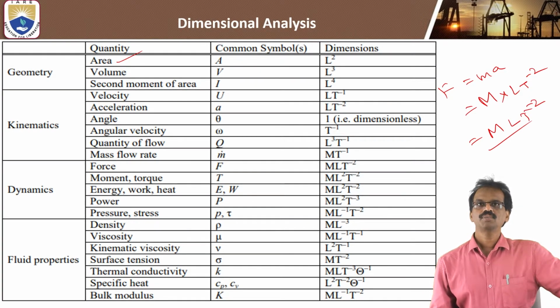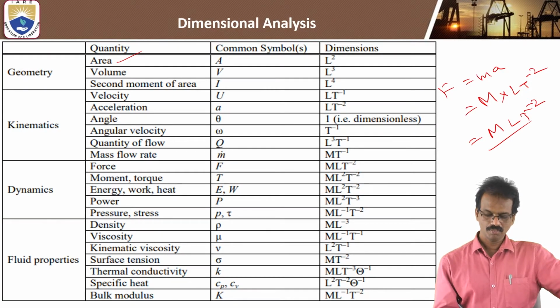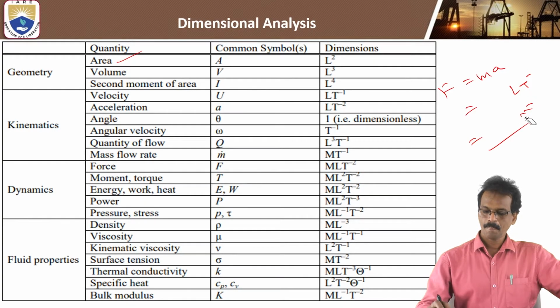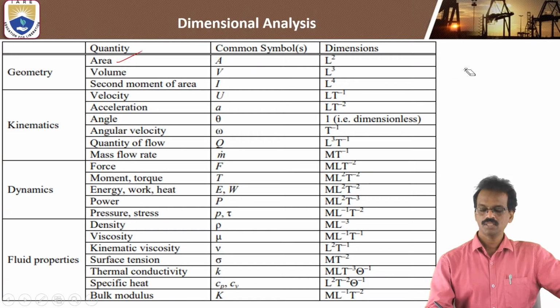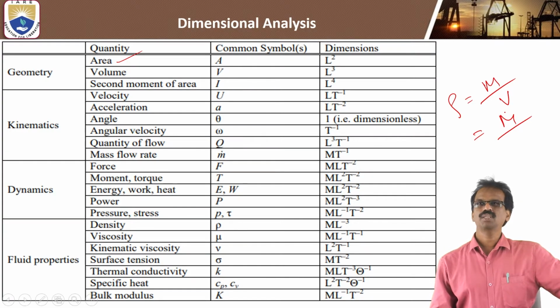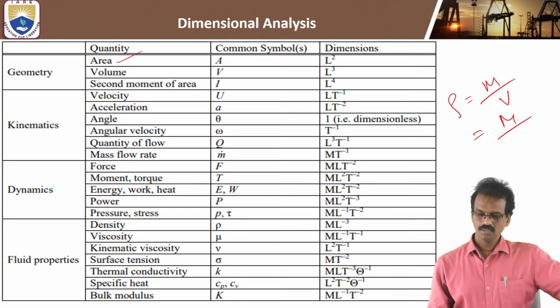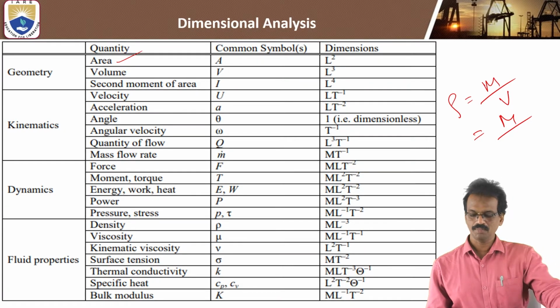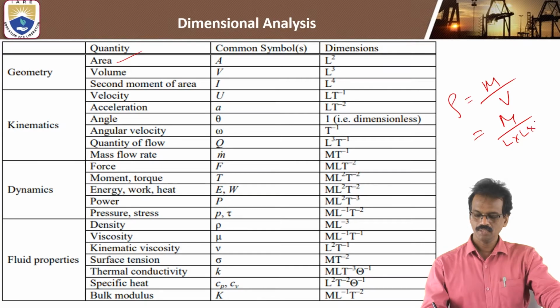In this way we can convert all the physical quantities into basic dimensions. These are the basic dimensional formulas for all the parameters. Density rho is mass upon volume. Mass is M, and volume is length into breadth into height, all in meters, so L cubed.